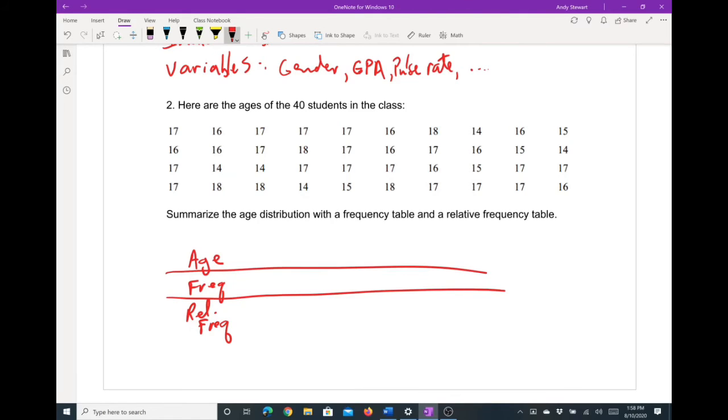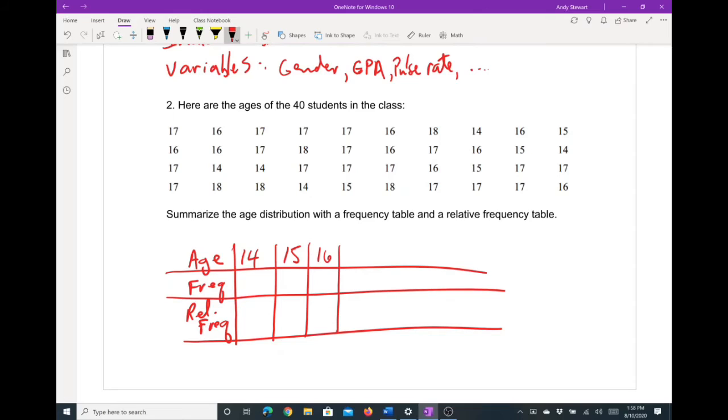And if we look through this table, we will soon discover there are only 5 different unique ages. There's 14-year-olds, 15-year-olds, 16, 17, and 18.